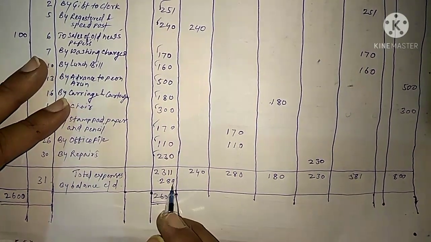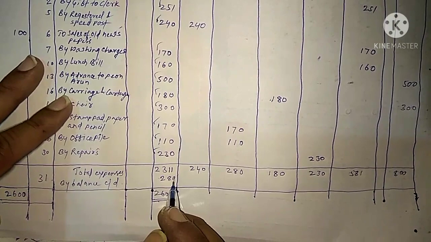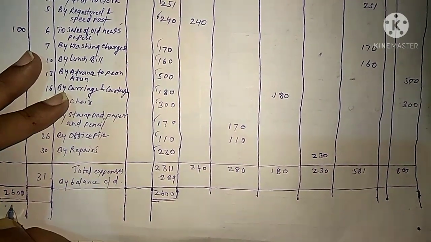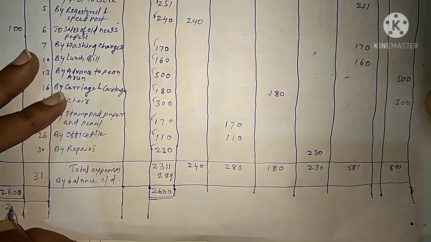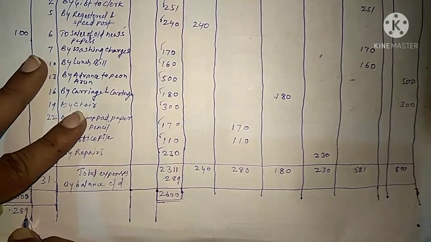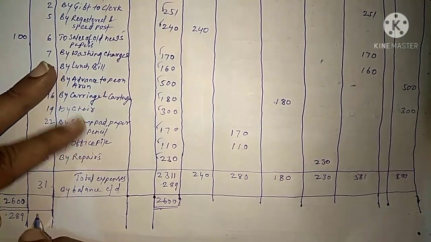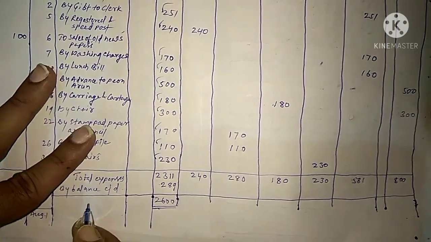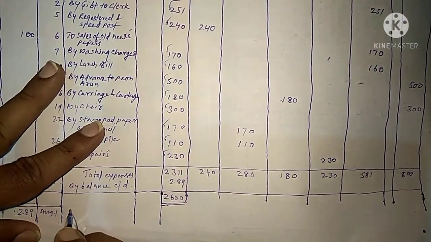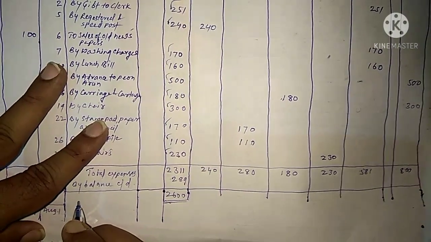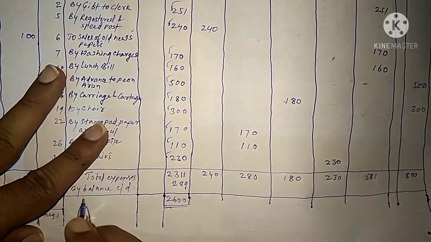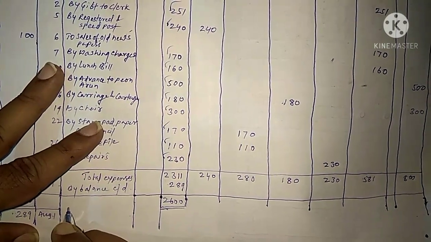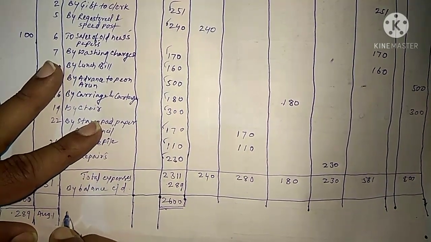And now this 289 we have to transfer to the receipt side here. 289, and in front of that we have to write here August 1st. To balance b/d.